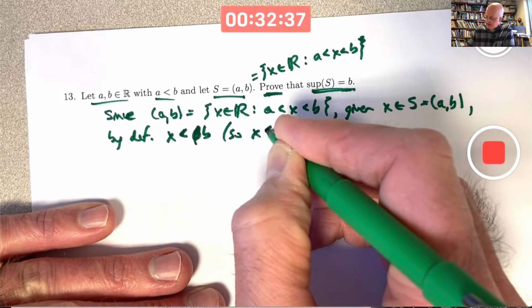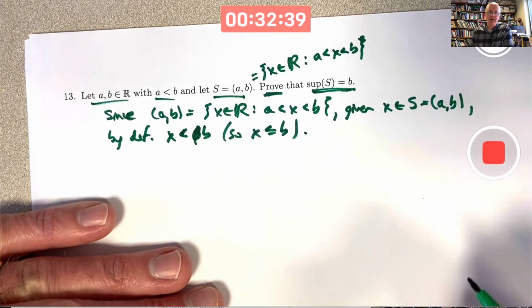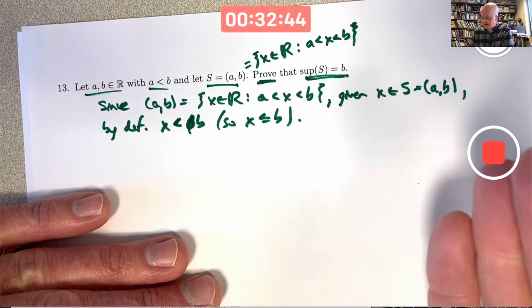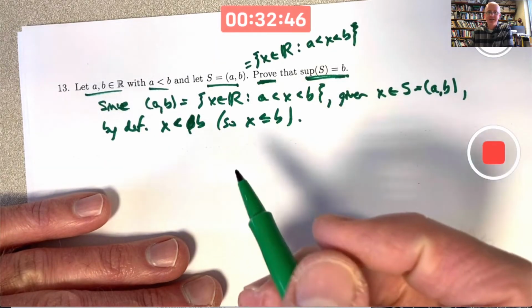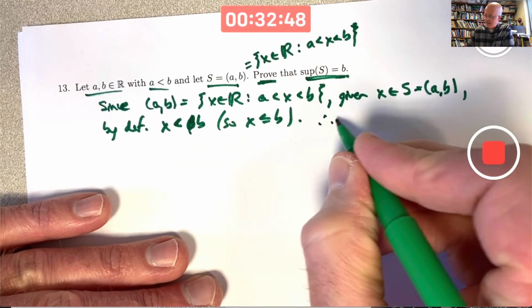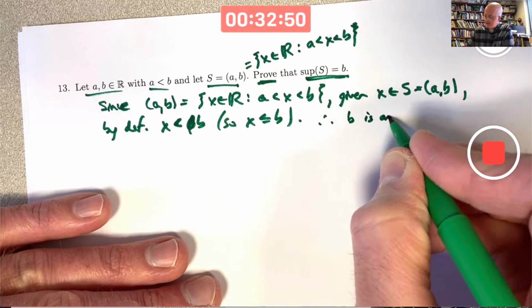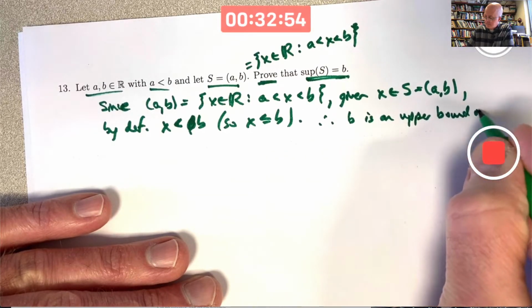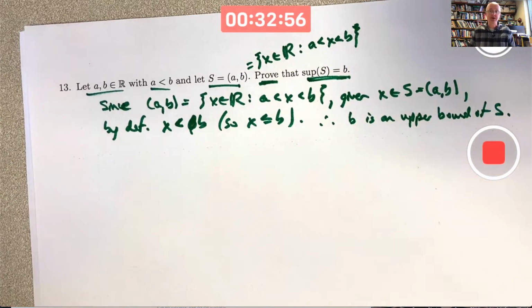So x is also less than or equal to b. It's even a little bit more than I probably needed to write. It's obvious. Therefore, b is an upper bound of S. I guess I'm starting to write sentences here.